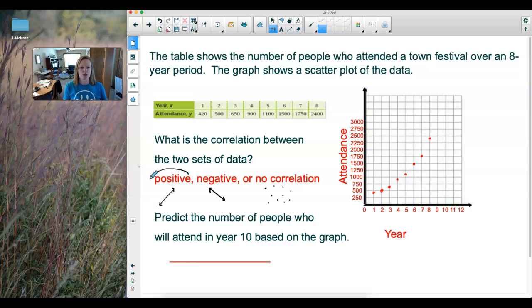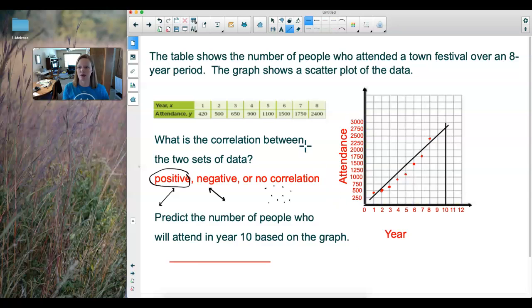Okay, we can also then use our scatter plots to make predictions. So this one says predict the number of people who will attend in year 10 based on the graph. So if I went ahead and went to year 10 on my graph, that would be right here, and I'm going to follow it up. And if I drew a line of best fit, the line of best fit would look something about like this.